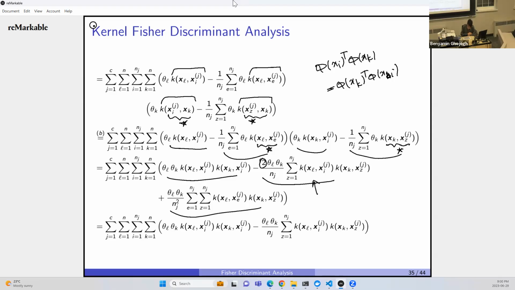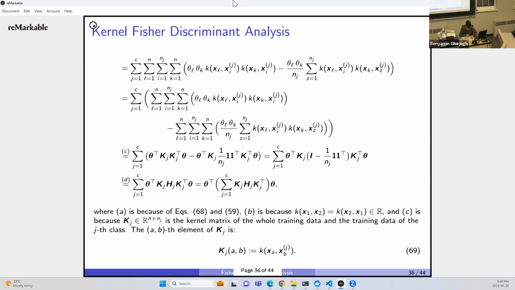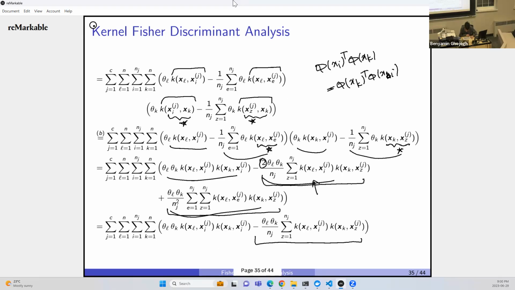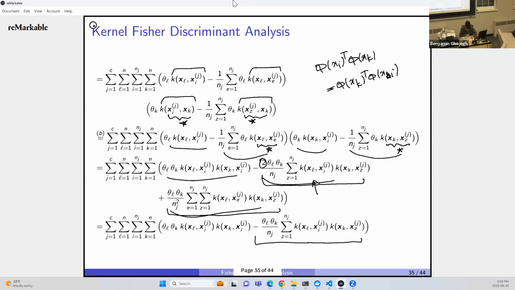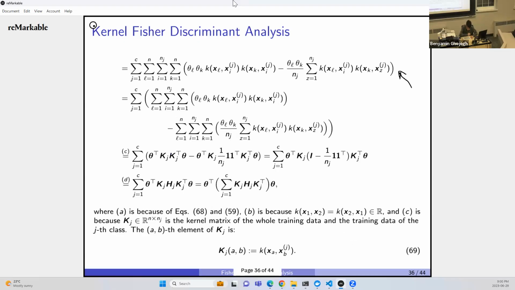Then these two, interestingly, are similar to each other. I can simplify them. This minus 2 of this becomes only minus 1 of this, right? I think I have repeated it here as far as I'm looking at it.